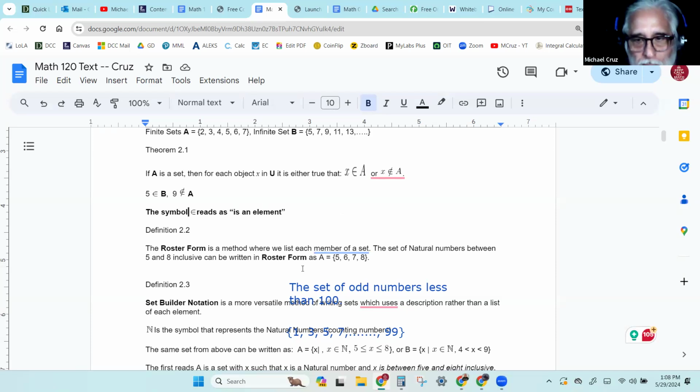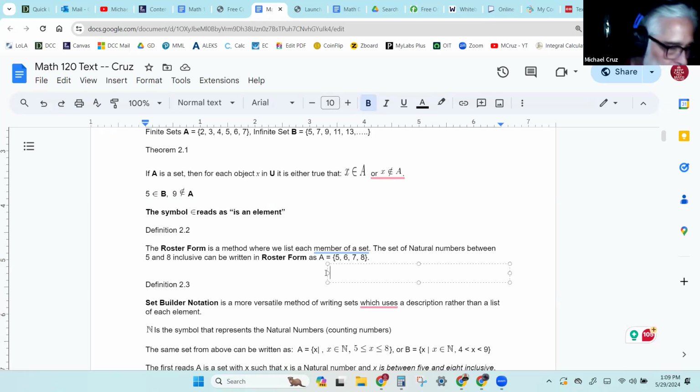So for example, on this one right here, this said A, 5, 6, 7, 8. I can say 7 is an element of A. Okay. So let's say I wanted to write that out using that little symbol.